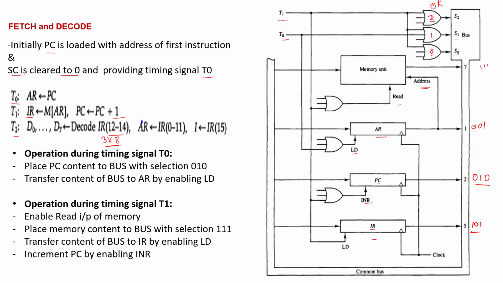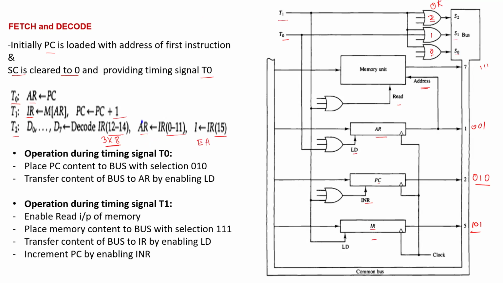So fetching is done, and now decoding is happening. Finally, the contents 0 to 11 of the instruction register are given to the AR. If it is direct addressing mode, we obtain the operand directly; for indirect addressing mode, we have to find the effective address. So the instruction register's address is given to AR to find the operand value. If the 15th bit of the instruction register is 1, it is indirect addressing mode, and you have to find the effective address.